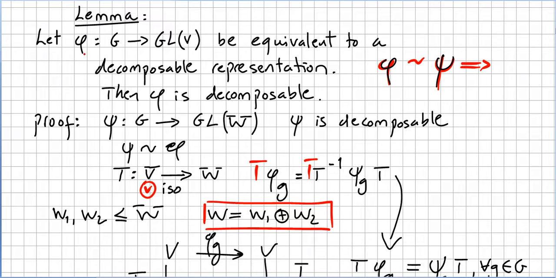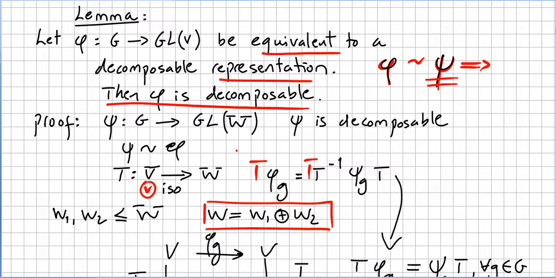So if phi, a representation, is equivalent to a decomposable representation, in this case psi, then phi will be decomposable. The proof is not easy, but if you reread it, you will see that it's not very hard.